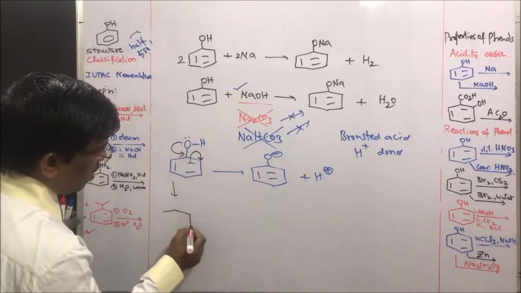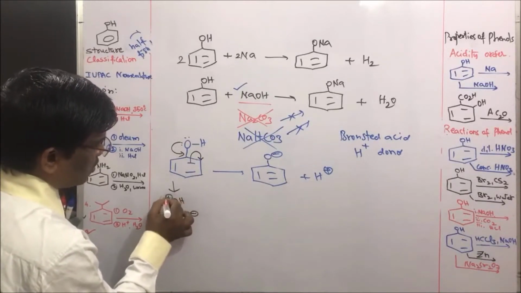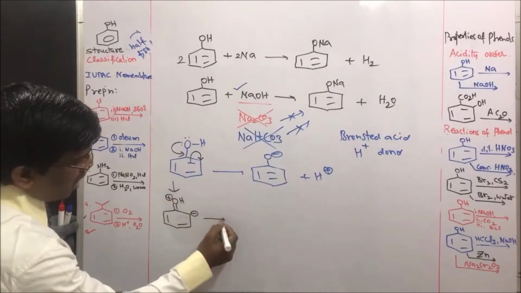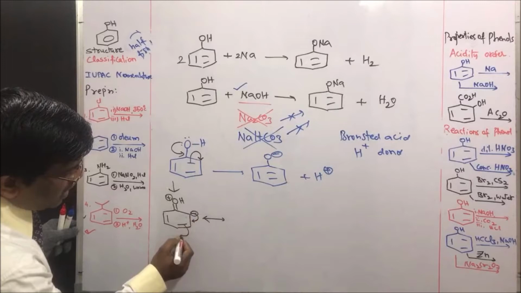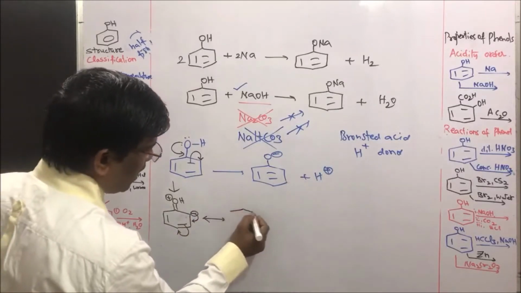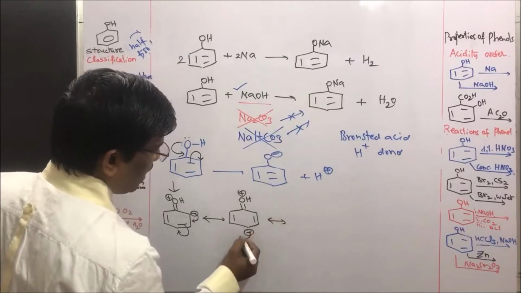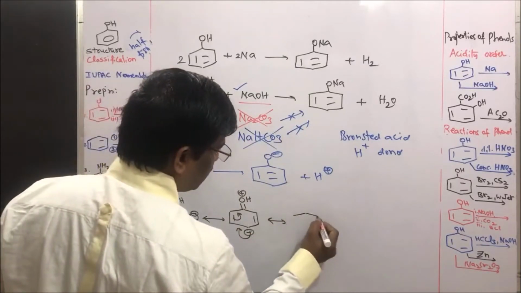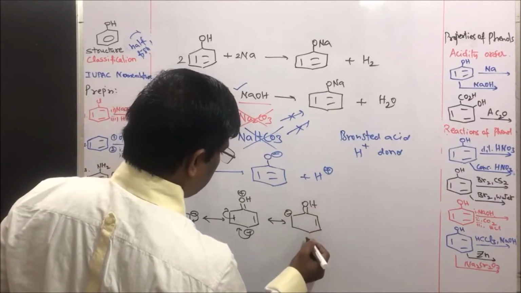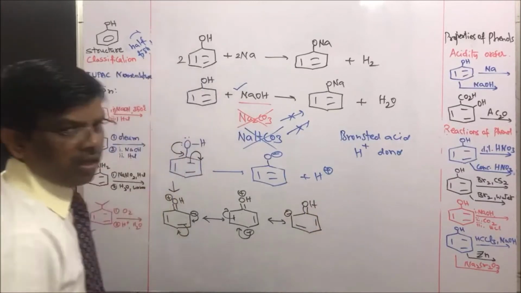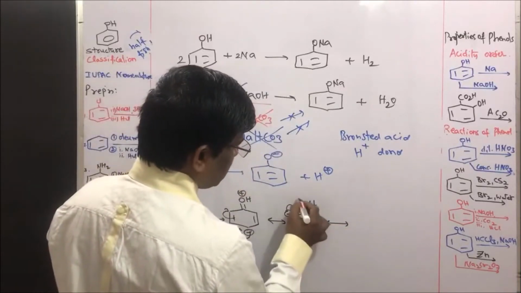If you write the phenol resonance structures, with the double bond and the positive charge, it is going to have resonance structures like this. When this anion comes here, it forms a carbanion at the para position, and with further rearrangement it can be stabilized like this.